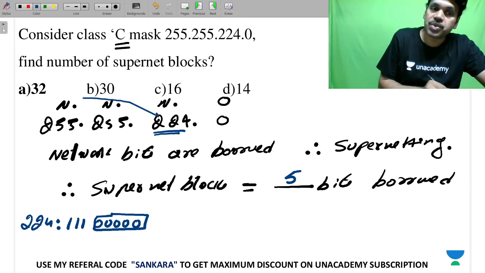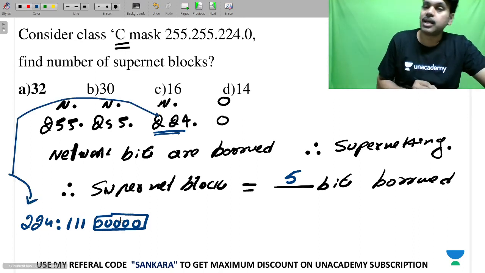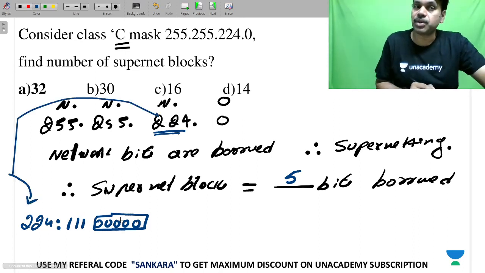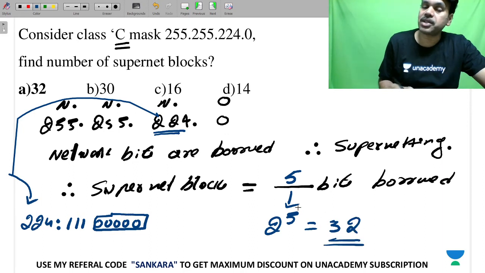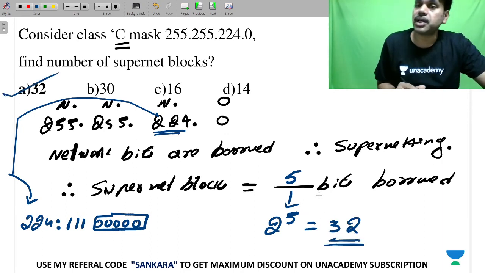After writing this 224 into binary, it is 111 and 5 zeros. Therefore, 5 bits are borrowed. So number of supernet blocks is 2 power 5, which is nothing but 32.